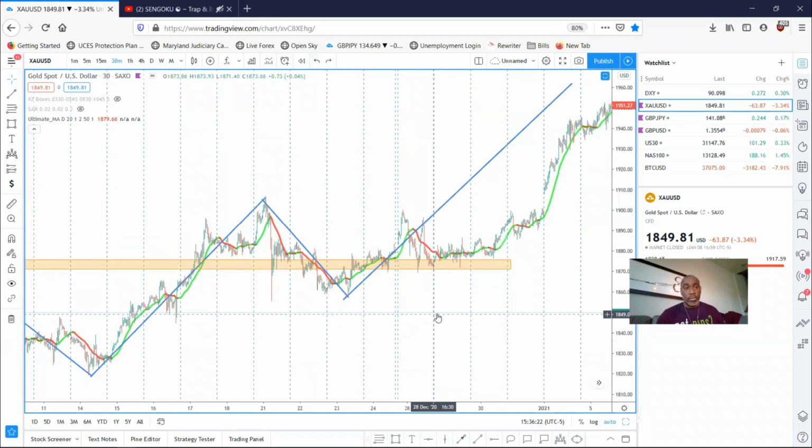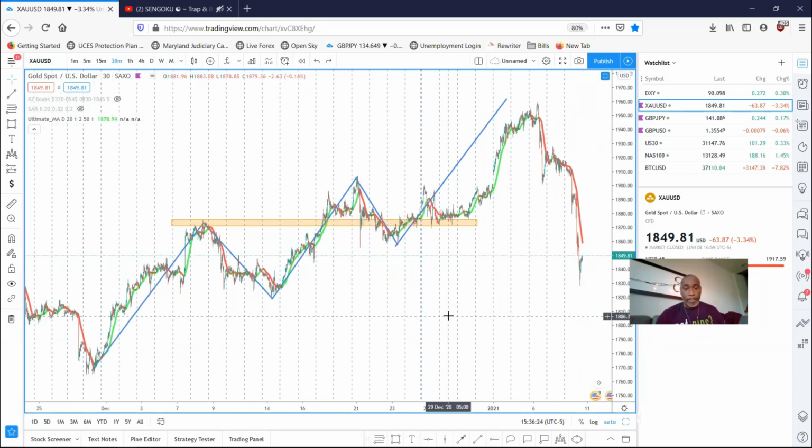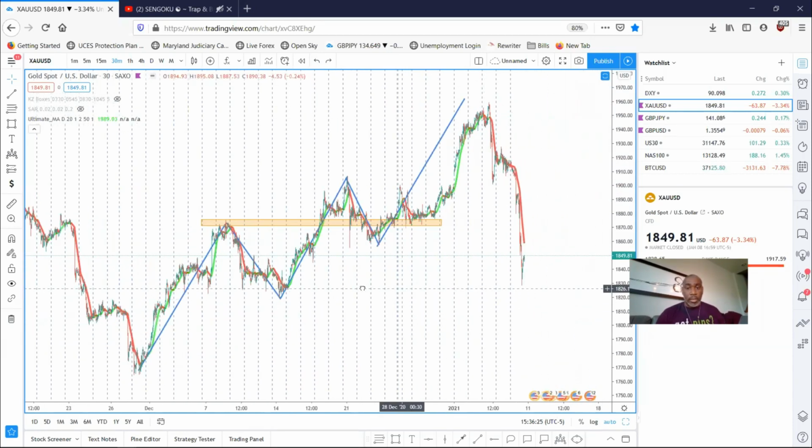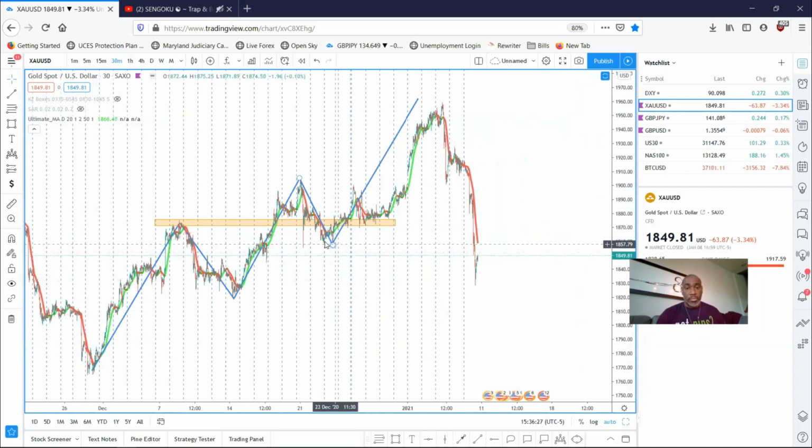Now, if you notice with gold, did the market break its previous low? Yes.